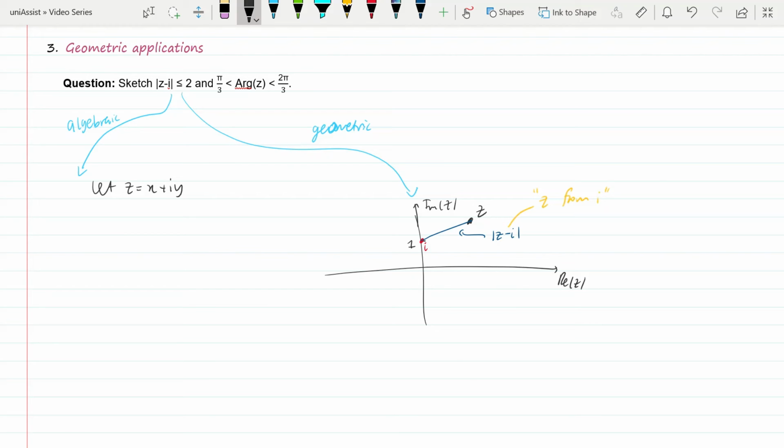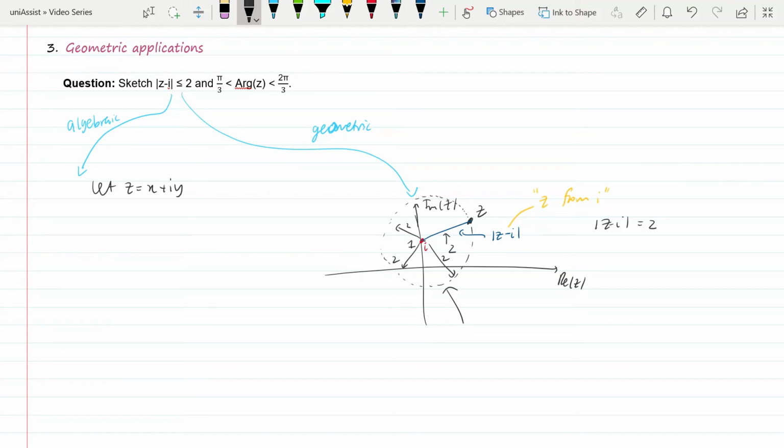So if we consider the case where we're looking at the modulus of z minus i equal to 2, that means that the distance is a fixed distance, and basically what that tells me, if this length is always 2, is that z has to move in a particular shape where the distance is always 2 no matter where it goes. And as you can see, you just draw out a circle, right?